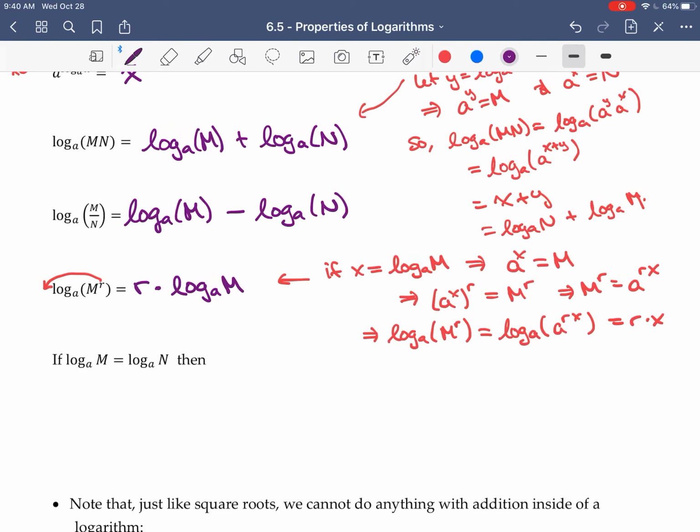Now, as with exponential functions, when we have the same base, okay, and the two logs are equal, we can conclude that the insides have to be equal. Okay, so that's because log is a one-to-one function.